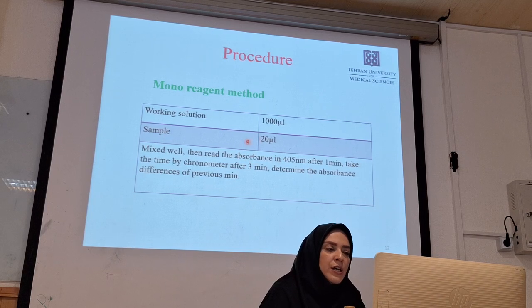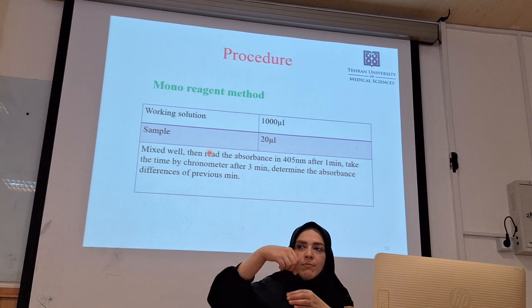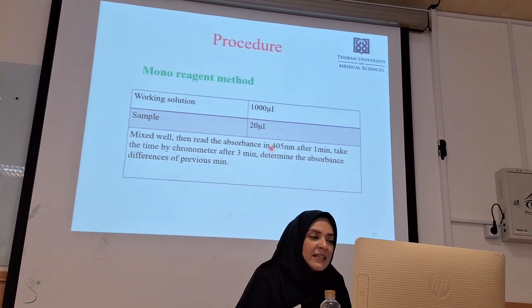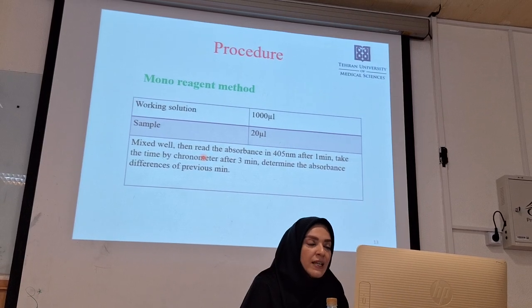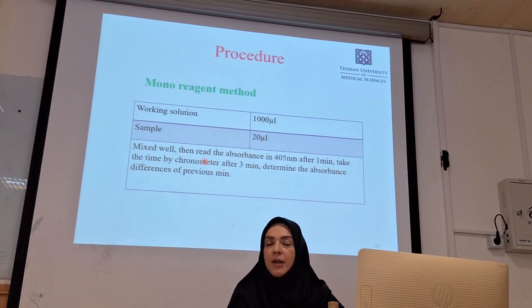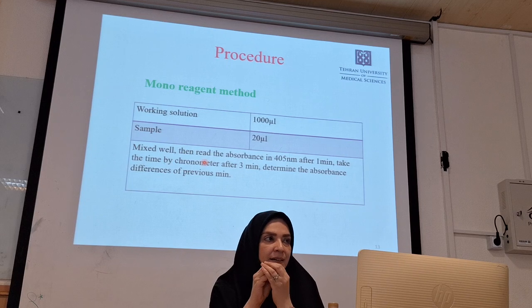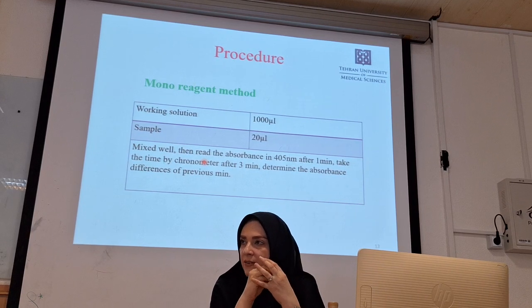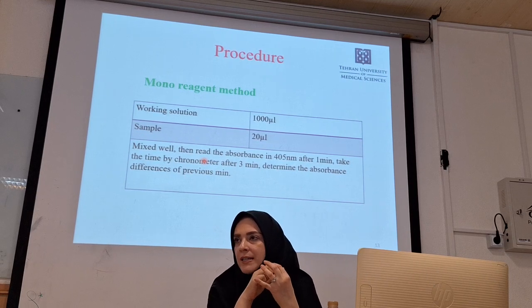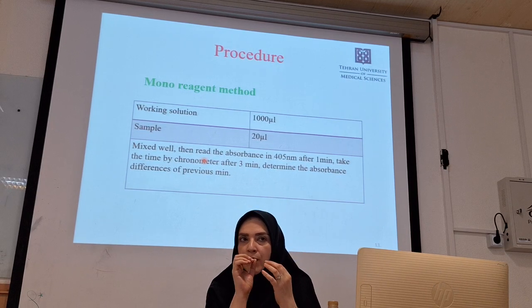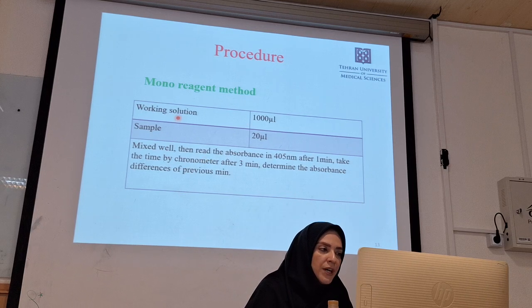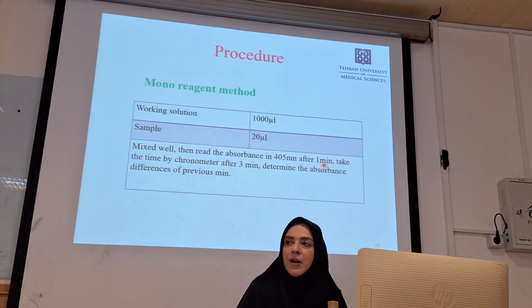After taking 20 microliter, you should mix the content of your test tube, and immediately after mixing, you should set the time. Time is very important. You should consider that in any experiment where we measure the activity of the enzyme, time is critical, and you should work very precisely. So, after adding working solution to the serum, read the absorbance after 1 minute, okay?